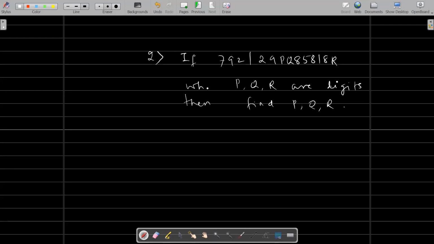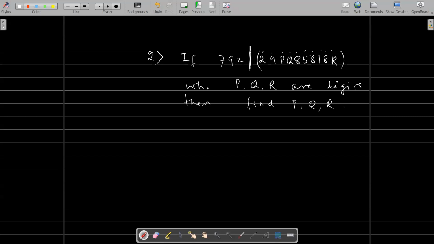Okay, so as usual, I'll give you some time to think. Apply whatever methods, whatever rules you know. 792 divides the number on this side. Okay, so how many digits are there? 1, 2, 3, 4, 5, 6, 7, 8, 9, 10.